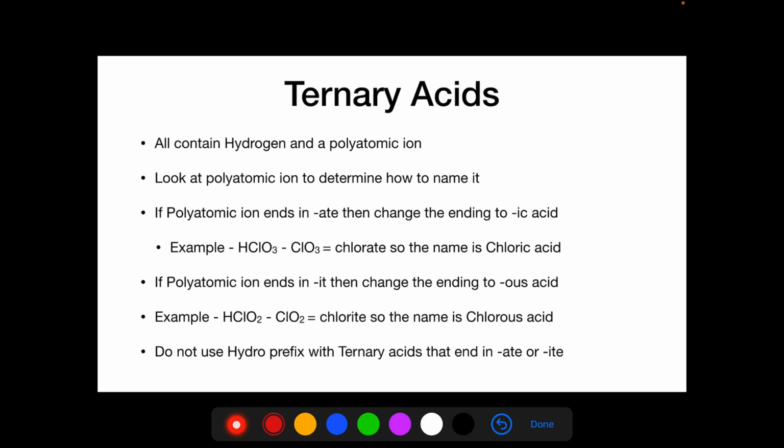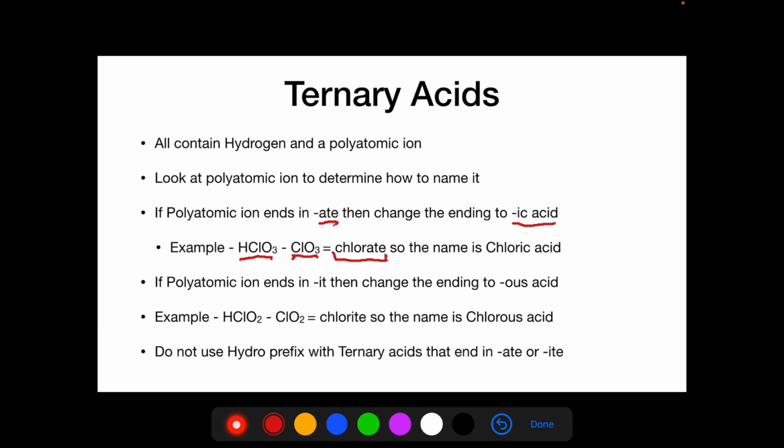Ternary acids all contain hydrogen and a polyatomic ion. If we look at the polyatomic ion, that will tell us how we need to name it. If the polyatomic ion ends in ATE, then we change that ending to IC acid. In our example, we have HClO3.